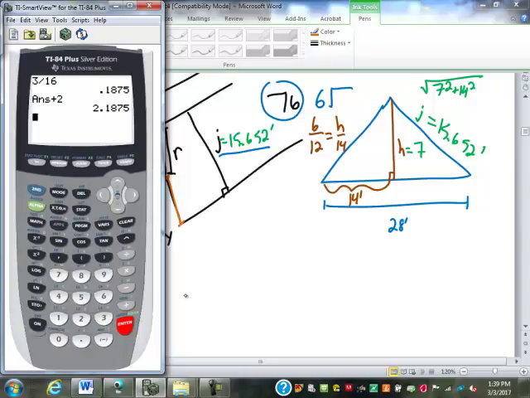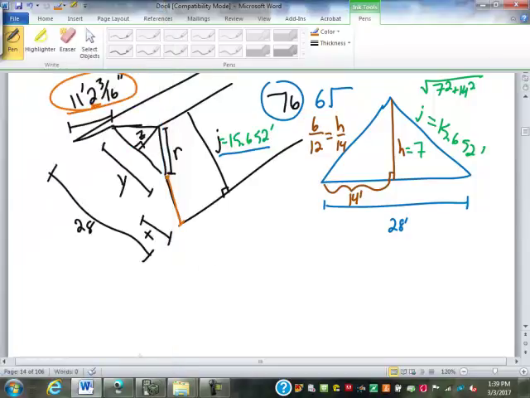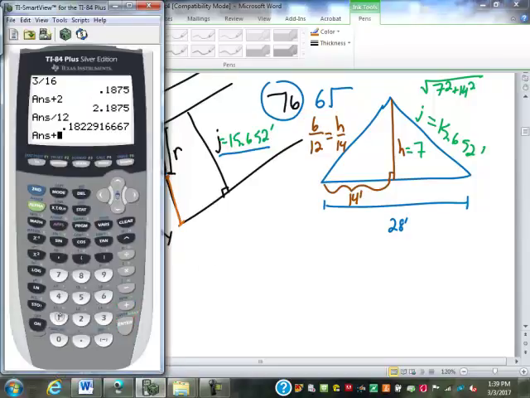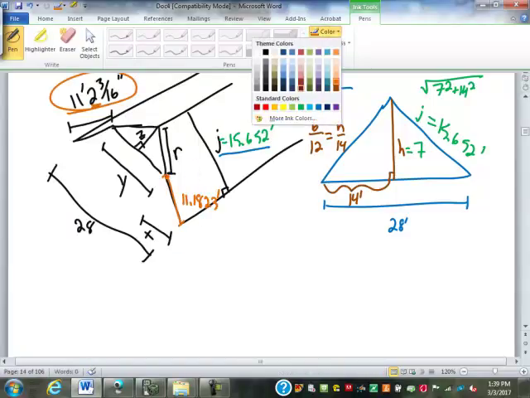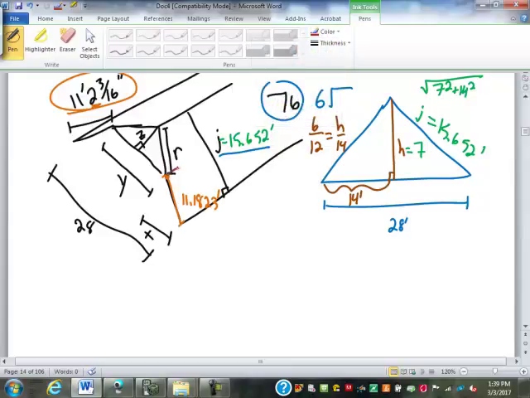What do I have to do to convert that into feet? Divide by 12. So 0.1823 feet plus the 11. That's 11.1823 feet.